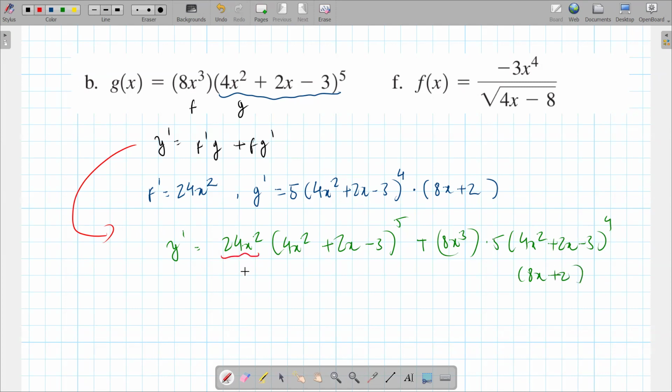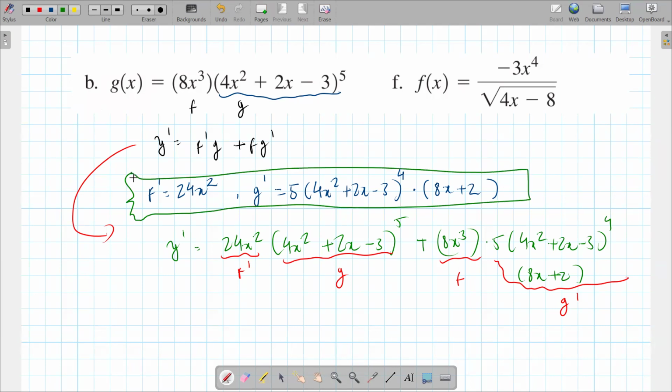So again, this is f prime, this is g, this is f, and this entire thing is g prime. So that's the idea. And eventually you won't have to write this. You'll know what the formula is. So this becomes a 10-second answer eventually, maybe not right now.